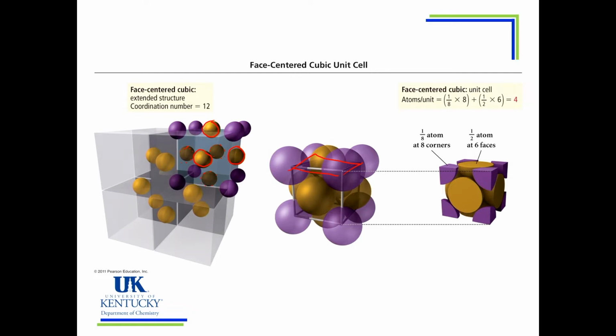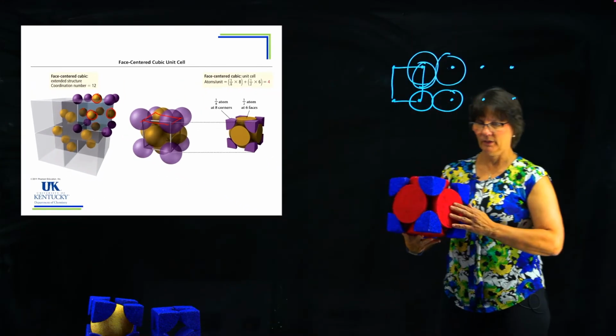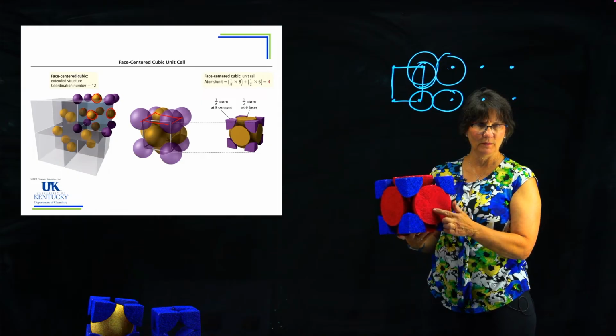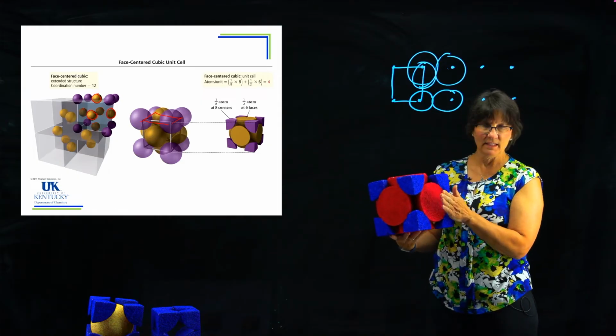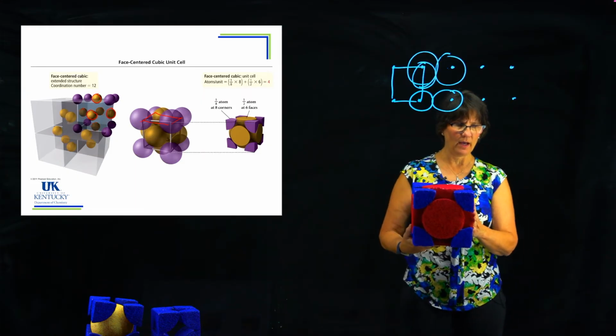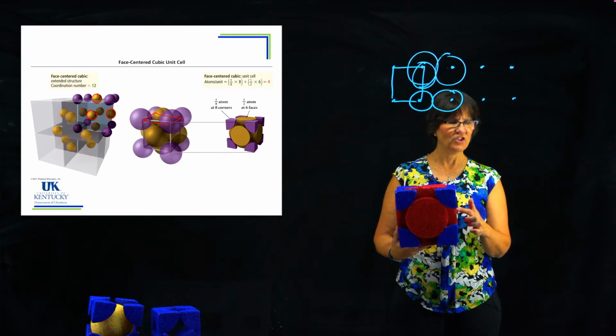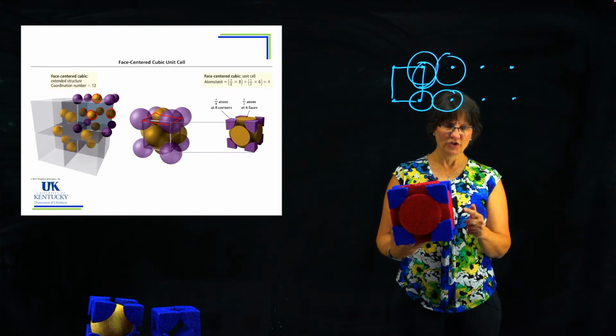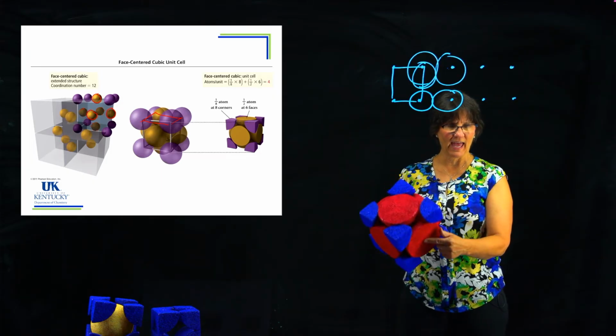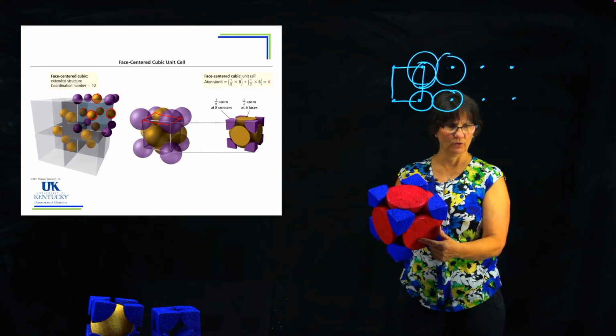Now, if you look at the unit cell, you'll see that each face is being shared by 2 unit cells. So let's look at my model here. If we look at this big red one here, he's in this unit cell, and if I brought in another box just like it, he'd be sitting in this unit cell. It's just being shared by 2. So each one of these is a half of a circle.